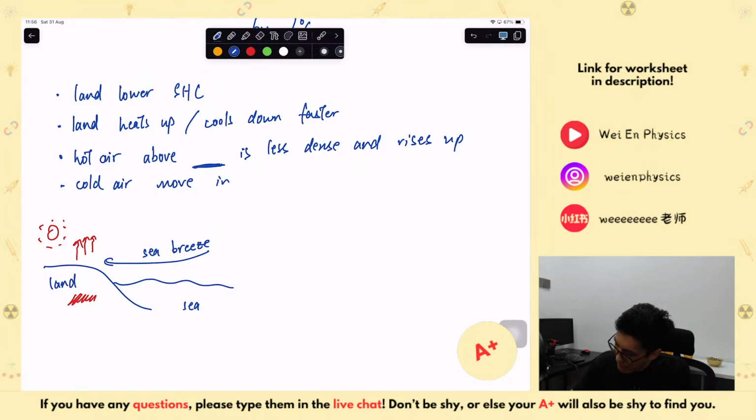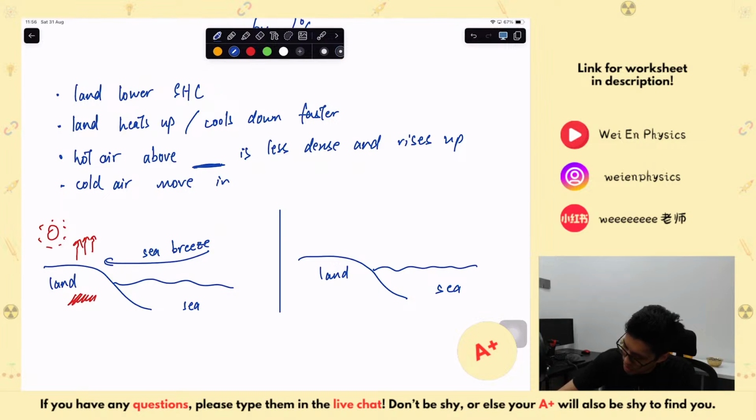But at night, it's a bit different. Because at night, the land will cool down first, so the sea becomes hot. The air above the sea will be hot, so it will move up.